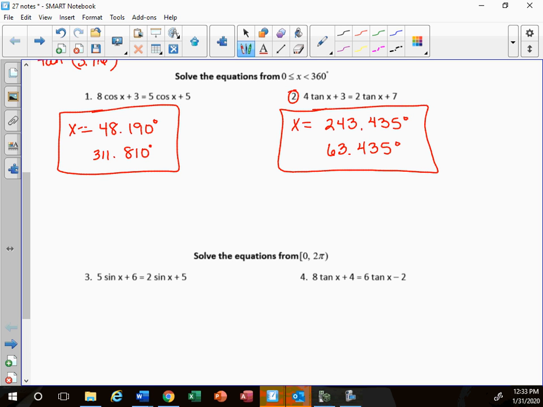Got it? Arrow over to your intersection until you're kind of near it. That's all.